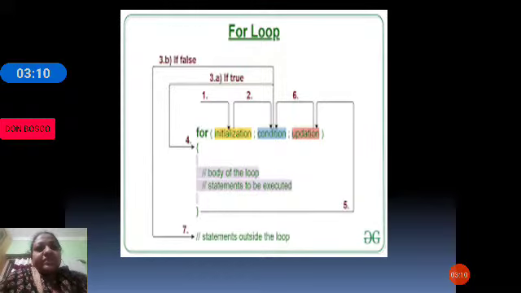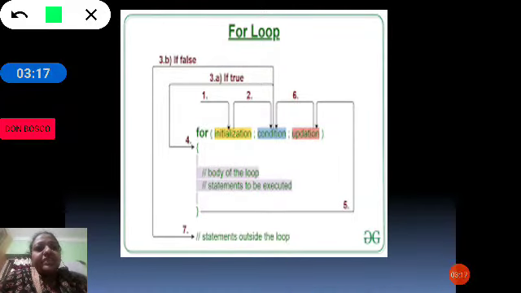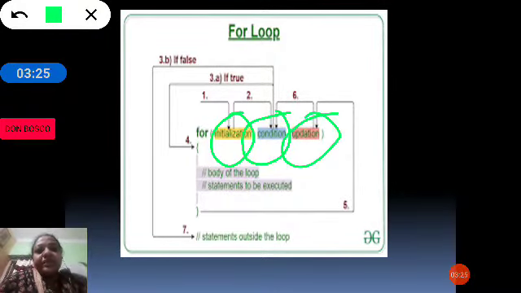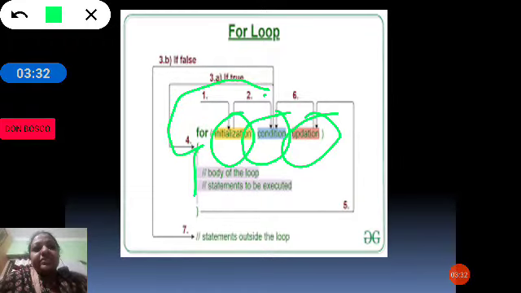As you can see here, for loop has three statements. The first statement is the initialization statement, expression 1, expression 2 is the condition, and expression 3 is the increment or decrement expression. If the condition is true, then statements are executed.